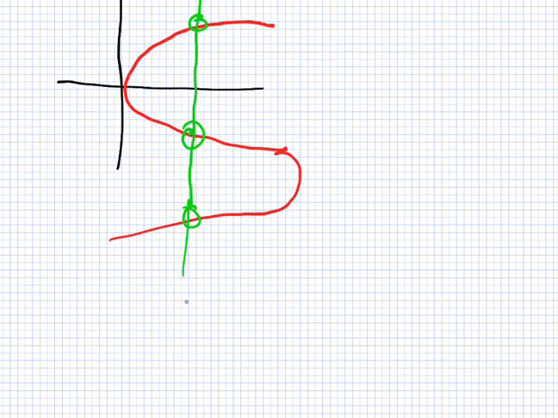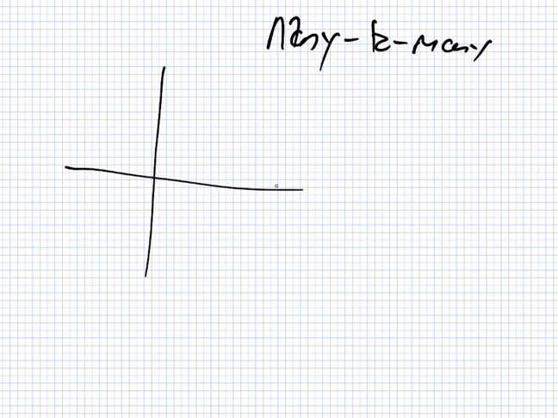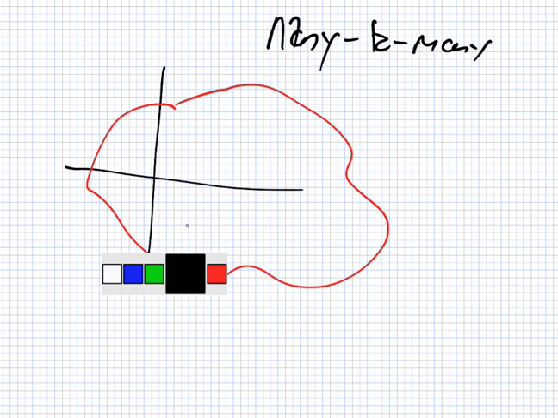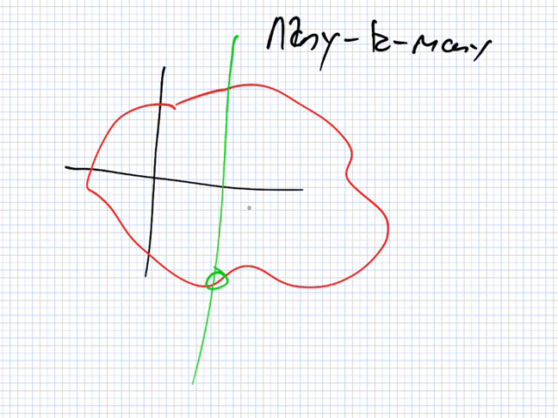So the last one is many to many. It's usually something that looks like this. If you draw a vertical line, you can make it cut twice, and if you draw a horizontal line, you can make it cut twice or more. This is many to many.